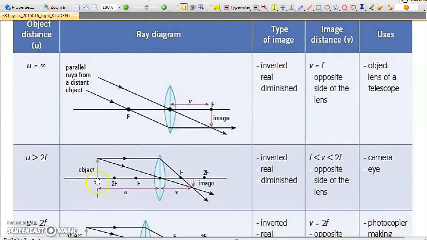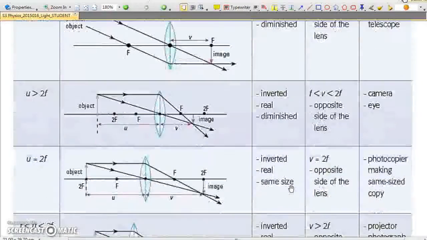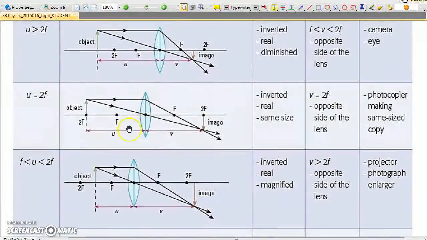When the object is closer, you can draw ray diagrams easily, and you can see the image is still inverted and diminished. When the object is even closer and closer, then the image becomes bigger and bigger, and further away. You can see the image is now further away from the lens in these pictures.